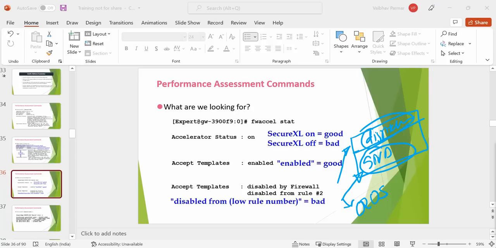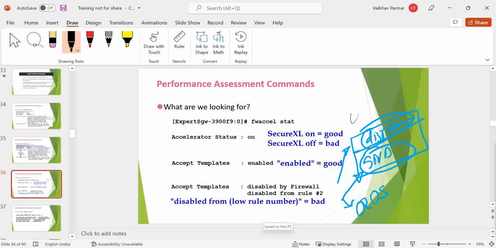Certain things which are not processed by SecureXL get processed by CoreXL, and certain things which are not processed by CoreXL may be processed by the SND.